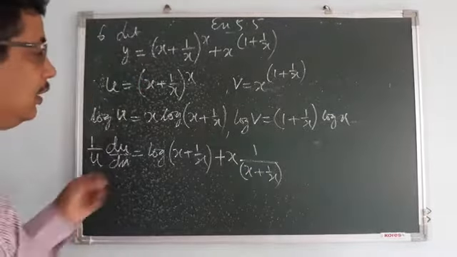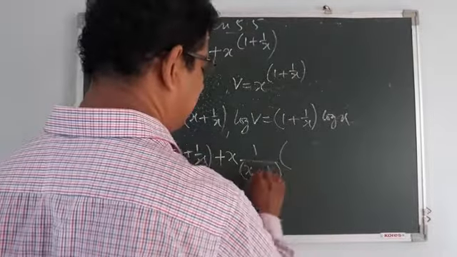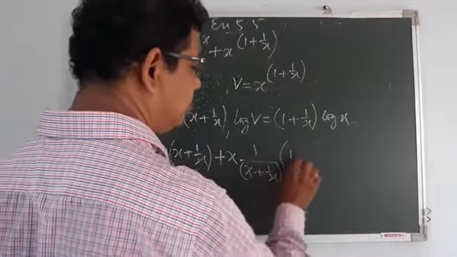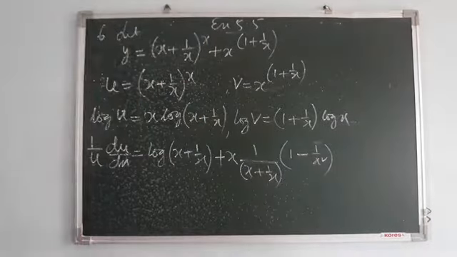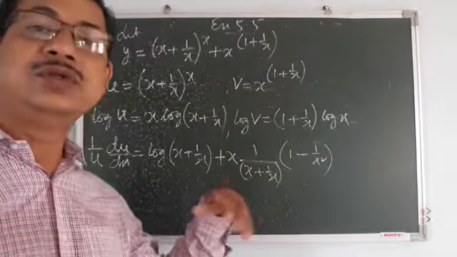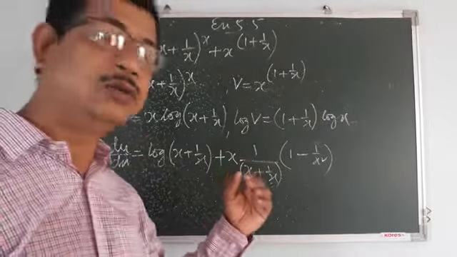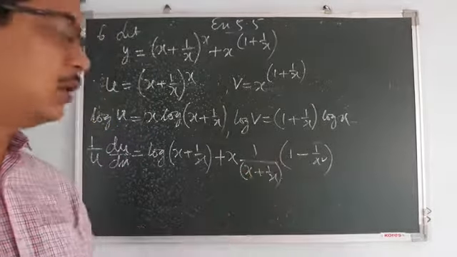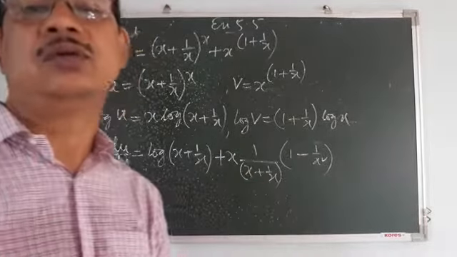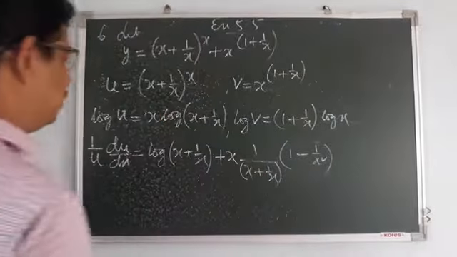Then if we differentiate this part again with respect to x, x will give 1 and this will give minus 1 by x square. How have we done? Using the differentiation of x to the power n with respect to x. Here x to the power 1, so it is 1. Here x to the power minus 1, and 1 by x means x to the power minus 1. Of course, this will be the value.